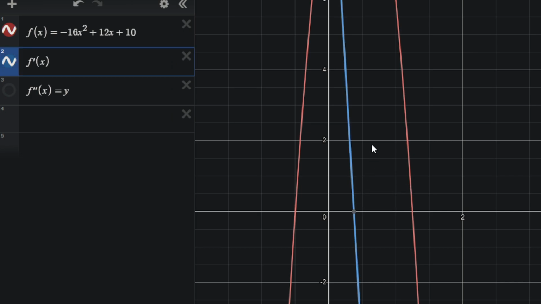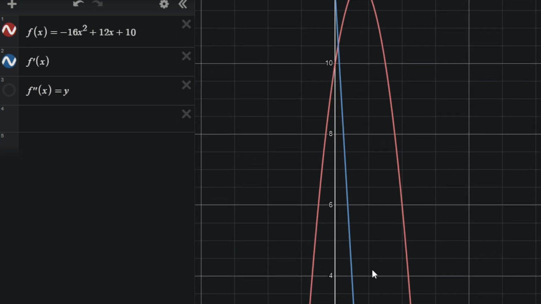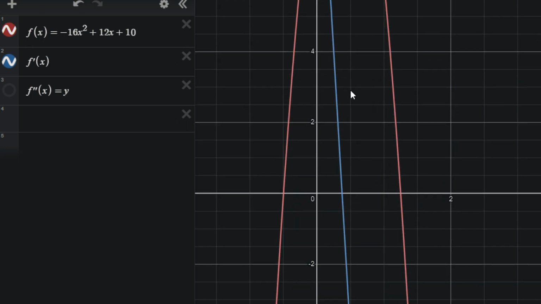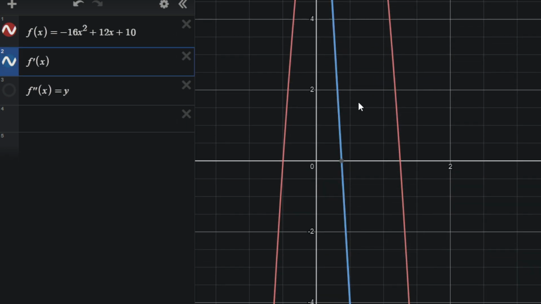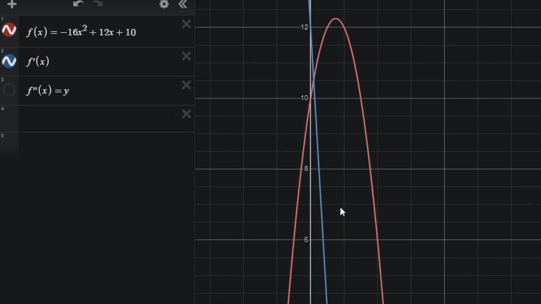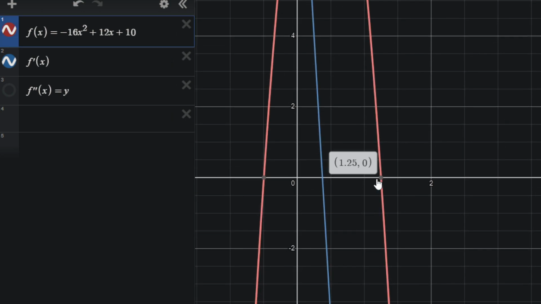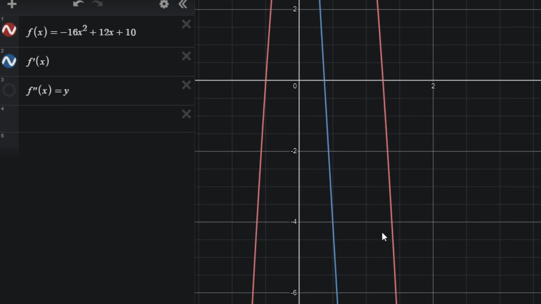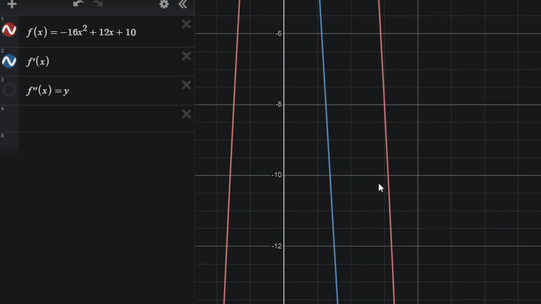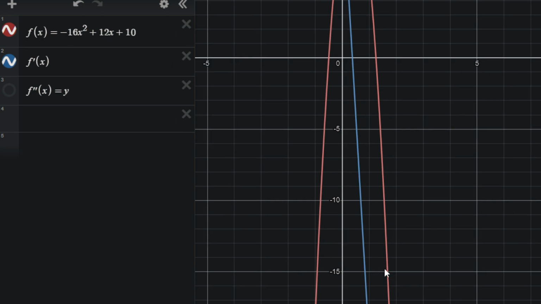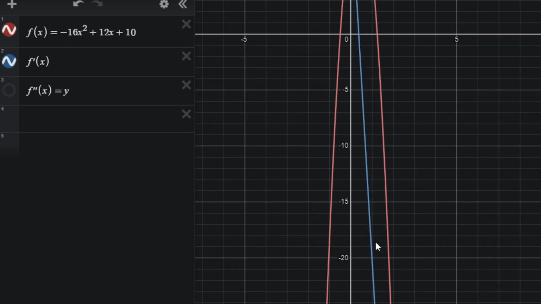And then your position, now that you're at the point where your velocity is negative, now your position starts decreasing, right? So it's going down and down and down. Eventually it will hit 0. So that's at 1.25. We could find what the velocity is the moment it hits the ground. It probably will be too far on this graph to really see.